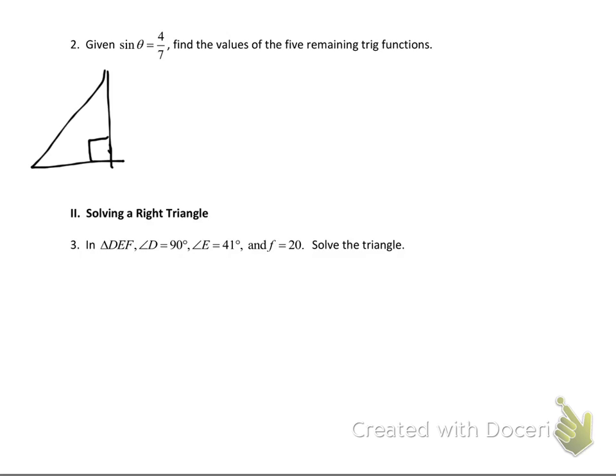If this is theta, the unknown angle, then sine of that is opposite, which goes right here, over hypotenuse, which is 7. So the first step is to find the missing side, and we'll call it b. So b equals the square root of 7 squared minus 4 squared.